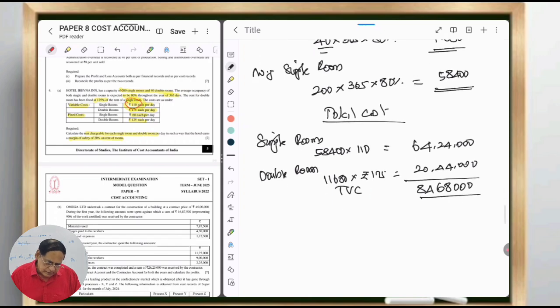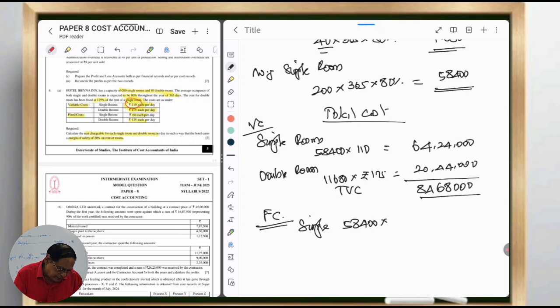And then fixed cost. What is fixed cost? This is variable cost and then fixed cost. So for single room, how many rooms? 58,400 rooms into 60 per day. So 58,400 into 60, that is 35 lakhs 4,000.